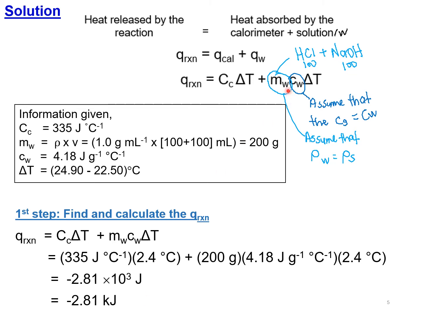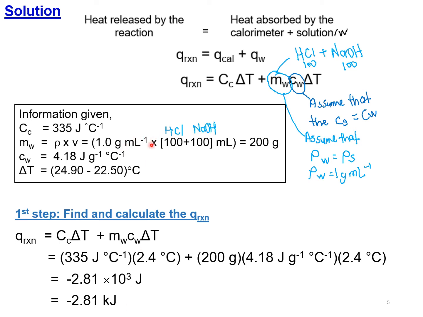Okay. To find dorang punya mass ni, kita dah assume that the density of the water is equals to the density of the solution. Solution HCl dengan NaOH. Kita tahu density of water is equals to 1 gram per milliliter. Right. Okay, and then this one is from HCl, this one is from NaOH.